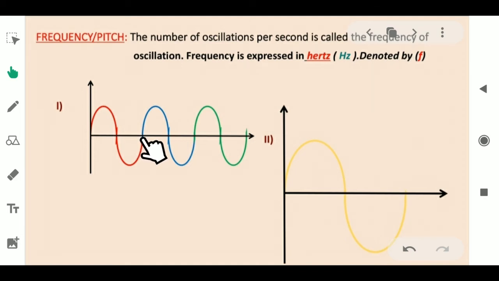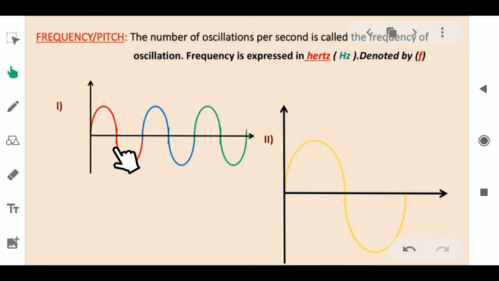Again, the second oscillation starts from this point and ends here. The third oscillation starts from this point and ends here. So like this, the number of oscillations produced in a second is called the frequency of oscillation, or simply the frequency.